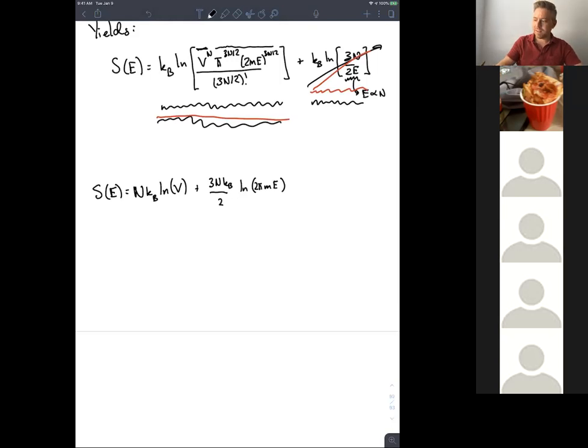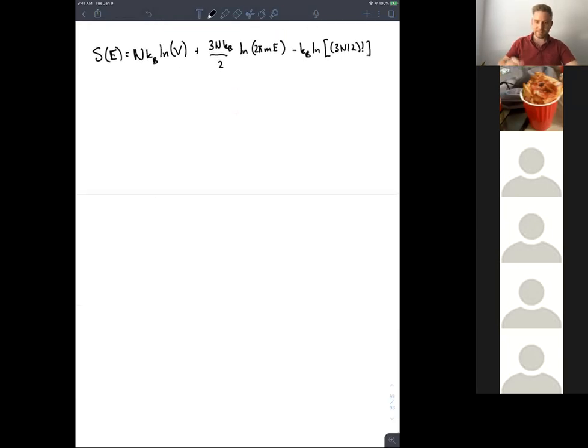And then the last term is this logarithm of a factorial. All right, everybody good? All right, so now this is the expression of the entropy for an ideal gas.